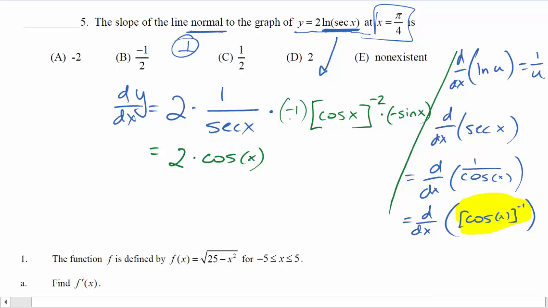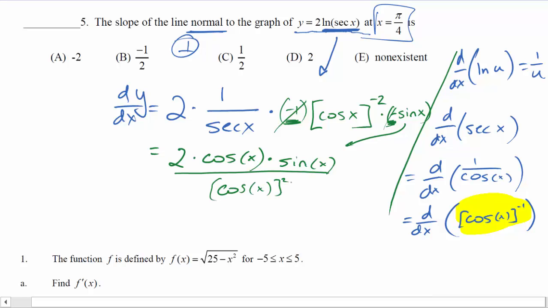This negative 1 and this negative right here, since they're both being multiplied, they cancel each other out. So then I'm left with times sine of x, but then this cosine to the negative second, what I'm actually going to do is divide by that. I'm going to say cosine of x quantity squared.